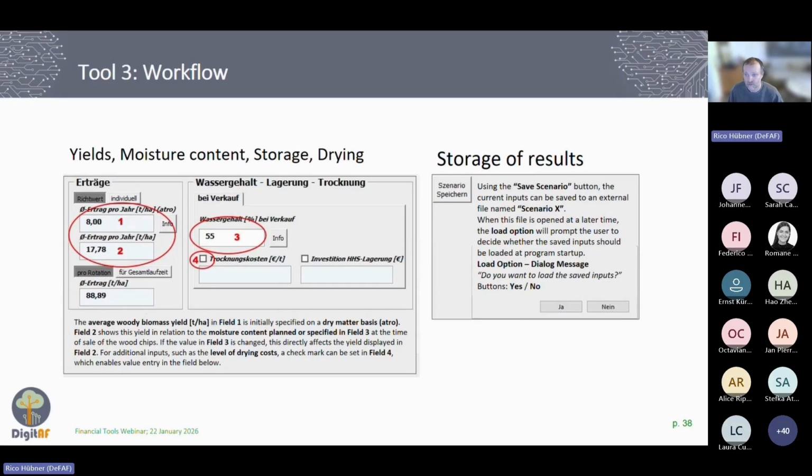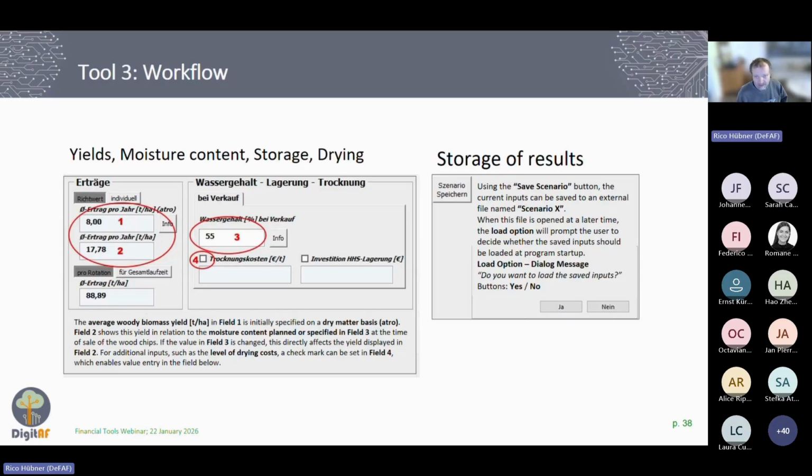The model then calculates the yield per rotation automatically.